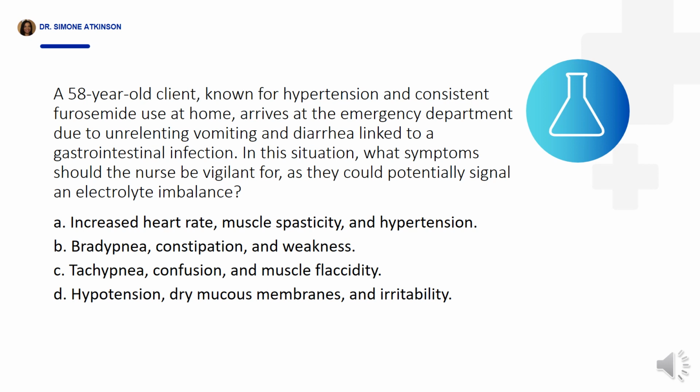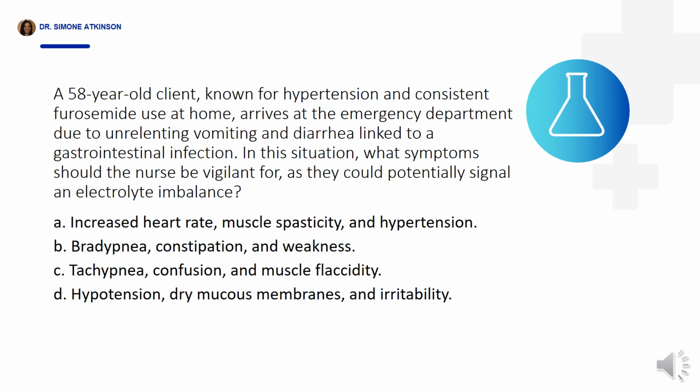So they have arrived at the emergency department because their current problem is vomiting and diarrhea. So what can we be losing when we are having vomiting and diarrhea? Again, we could be losing some potassium. So the vomiting and diarrhea, including the use of furosemide, are pointing towards a situation where the client is probably exhibiting signs and symptoms of a low potassium level.